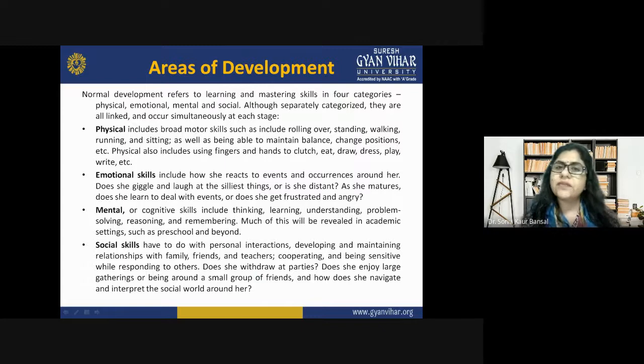So it is really very important for the teacher as well as the students to be aware of the different developmental stages of the learner.